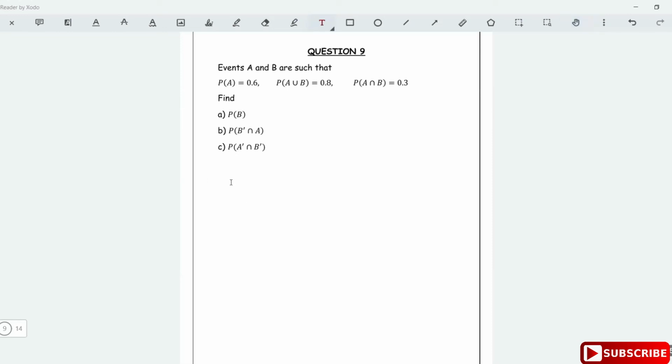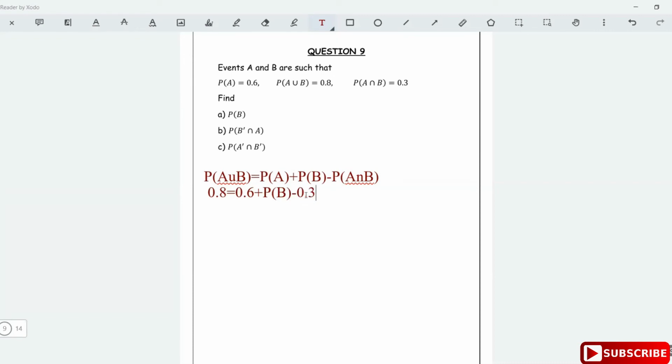Well, we already know that the probability of A union B is equal to the probability of A plus the probability of B minus the probability of A intersect B. We know that the probability of A union B is 0.8. That's equal to the probability of A, which is 0.6, plus the probability of B, which we don't know, minus the intersection, which is 0.3.